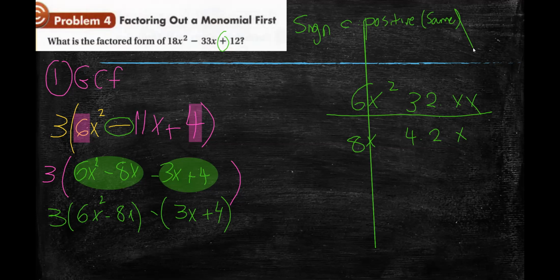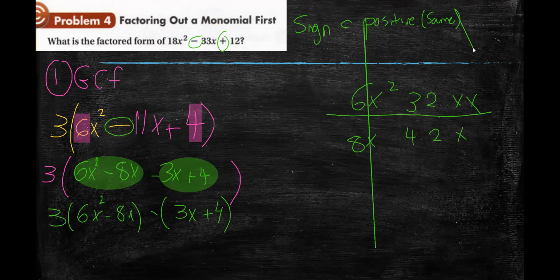Same positive or same negative. Who decides if it is positive or negative? I will look at B. Since B is negative, I have same negative. Like the previous example, if B is positive, that means I have same positive. Is it clear?